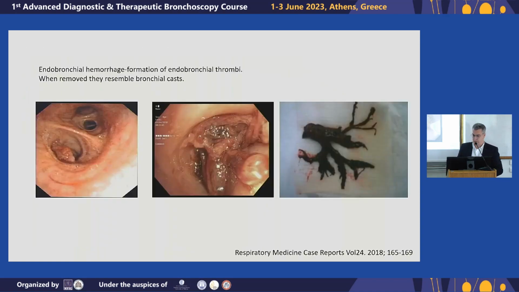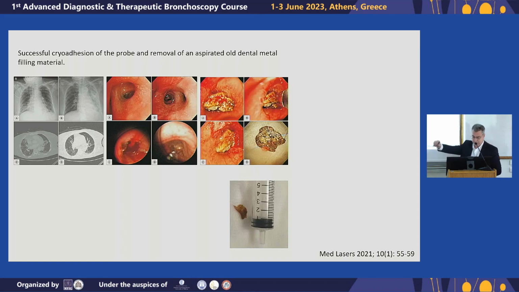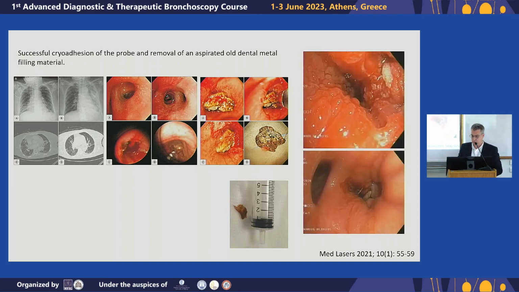Okay. So I will skip the thrombus, and I will just give you a last slide. We use these techniques a lot even for foreign body removal, because we can use the cryoprobe to remove biological foreign bodies, as you can see on the top slides, but also for removing, this is one of our cases, a little bone that caused huge granuloma malformation on the bronchus.